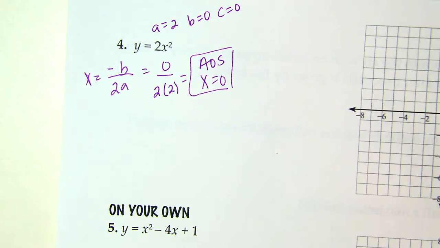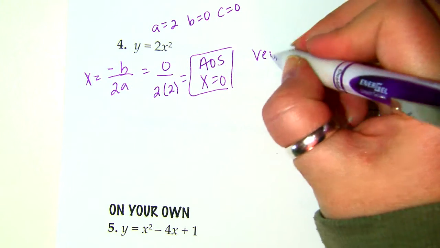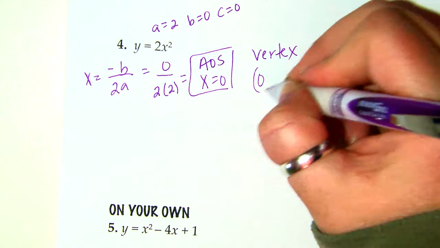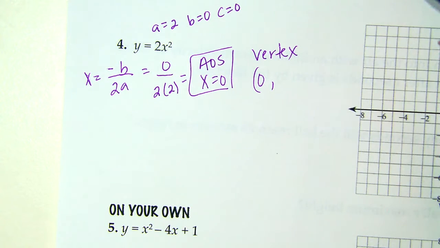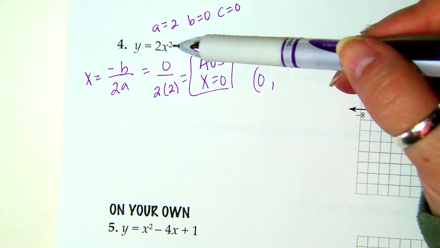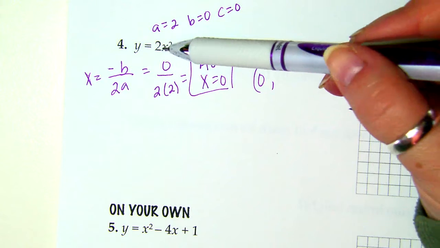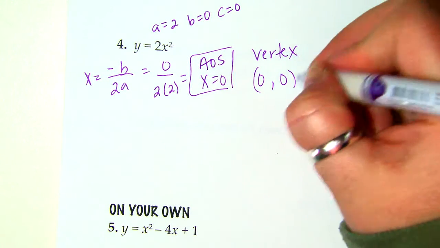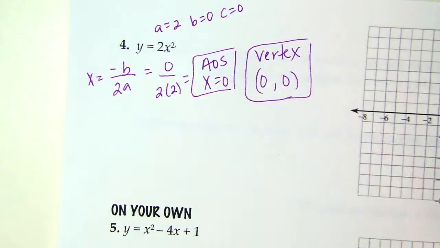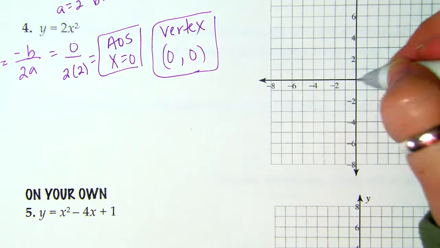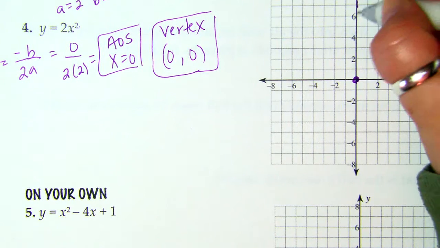And then the vertex, x is 0, and we have to plug that in. So I'm just going to do this in my head, because 0 squared is 0, times 2 is 0. So that one's just 0, 0. So plot the vertex and the AOS.